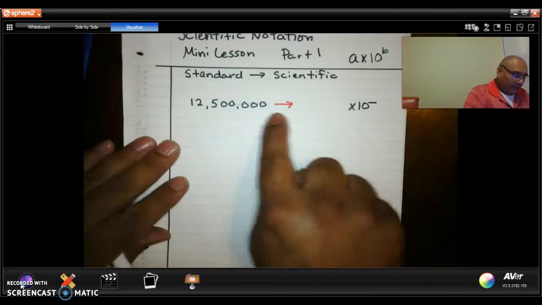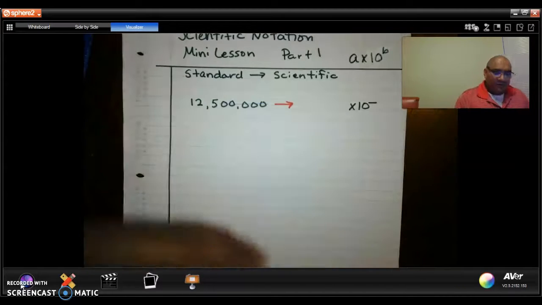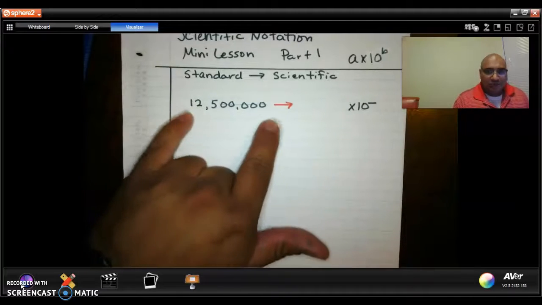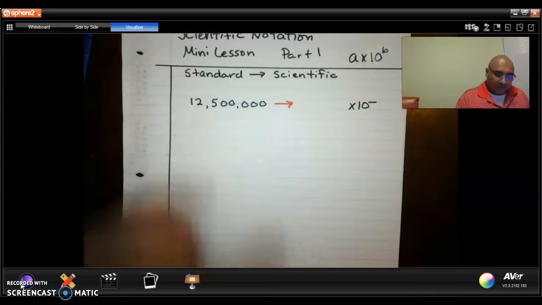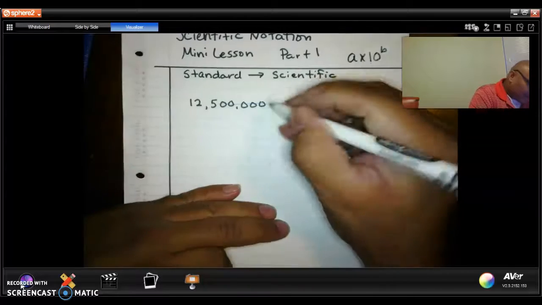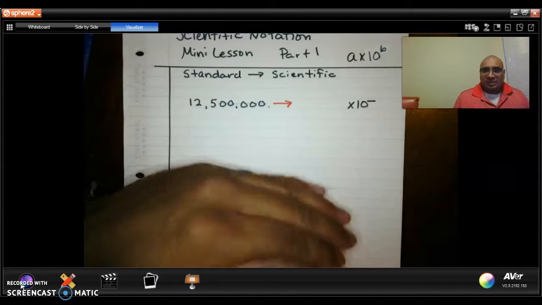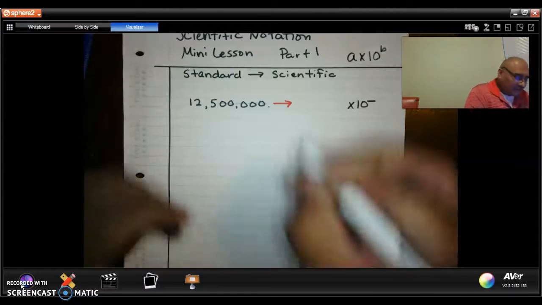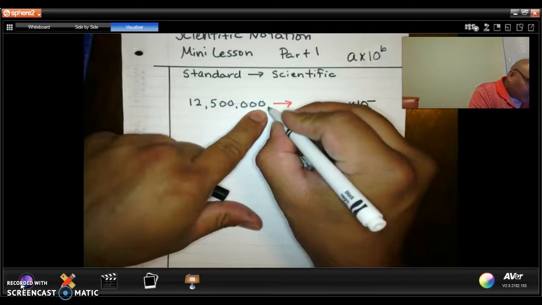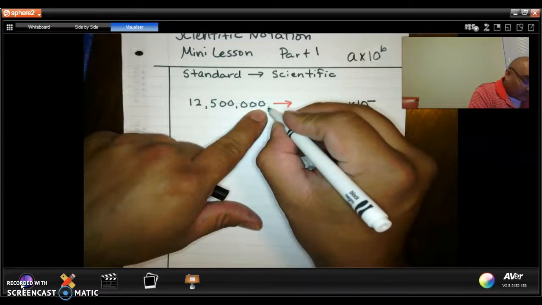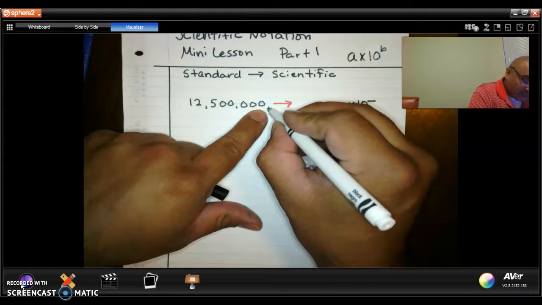Okay? Now this number here, this is considered a whole number. There's no decimal. The decimal is actually imaginary and it's way back here. We just don't see it because, again, we don't need that decimal. So in order to write this in scientific notation, we are going to move this decimal until we make a number greater than 1 but less than 10.